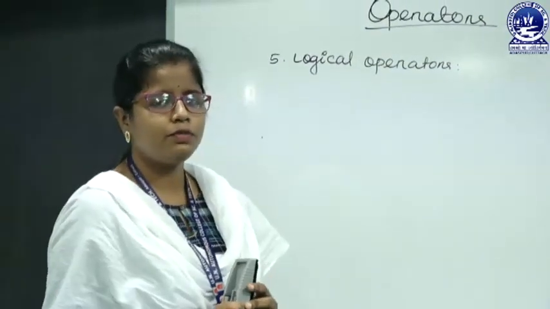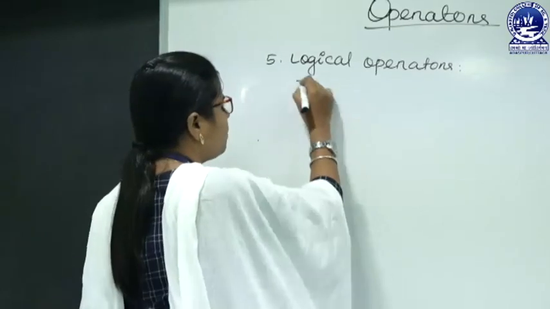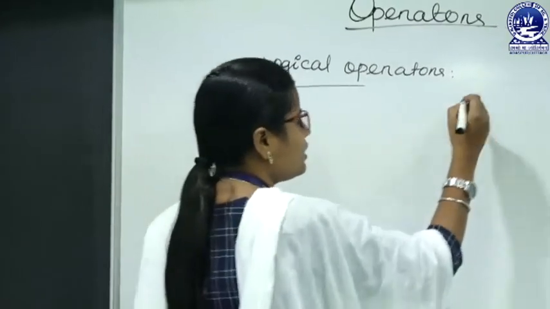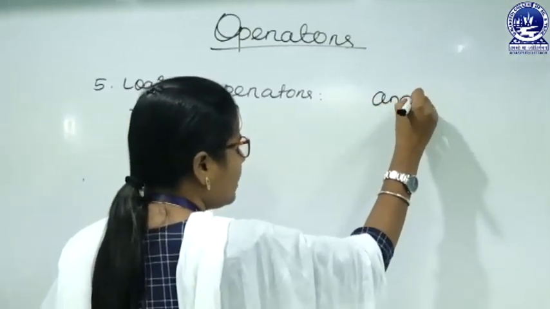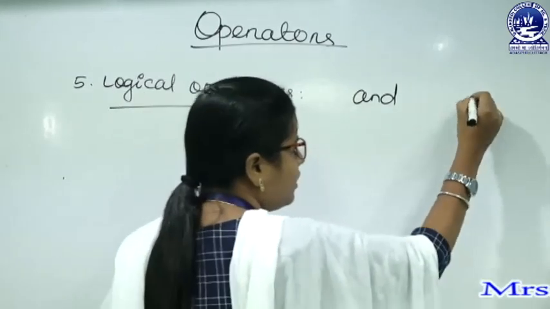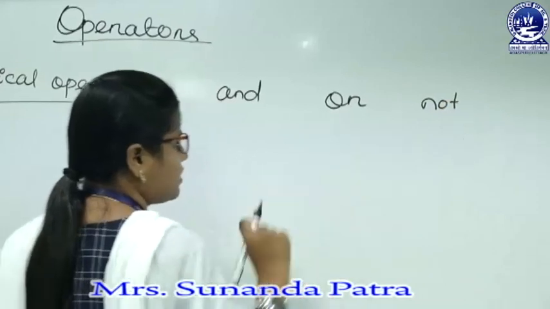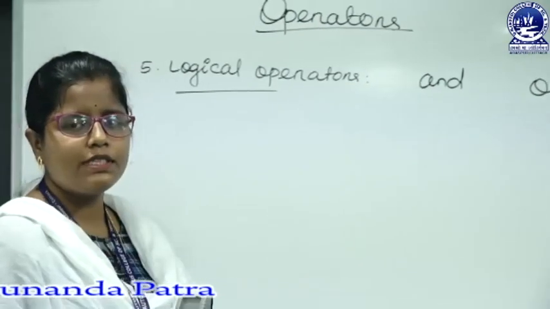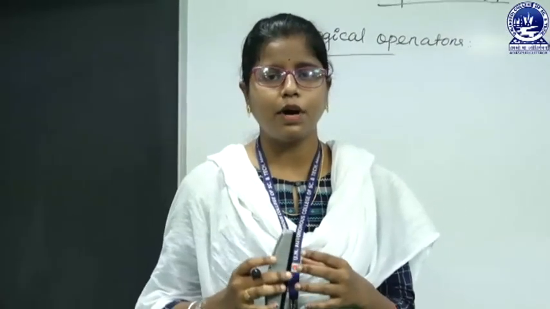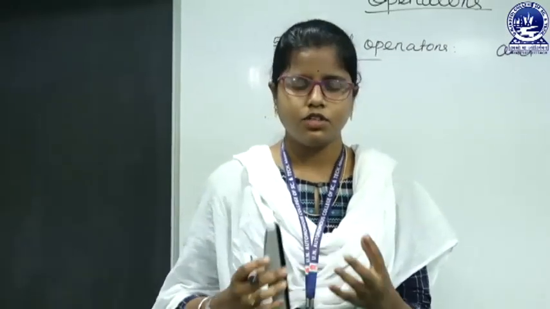So, coming to the fifth operator, that is logical operators. We have logical operators like logical AND, logical OR and logical NOT. Basically, we use logical operators in compound comparison statements. So, what is a compound comparison statement?